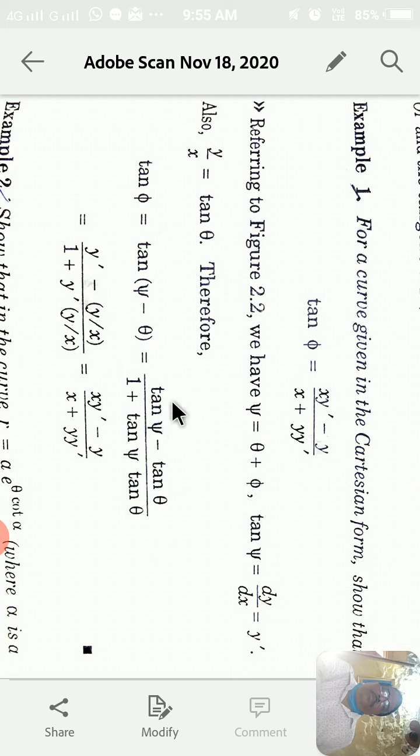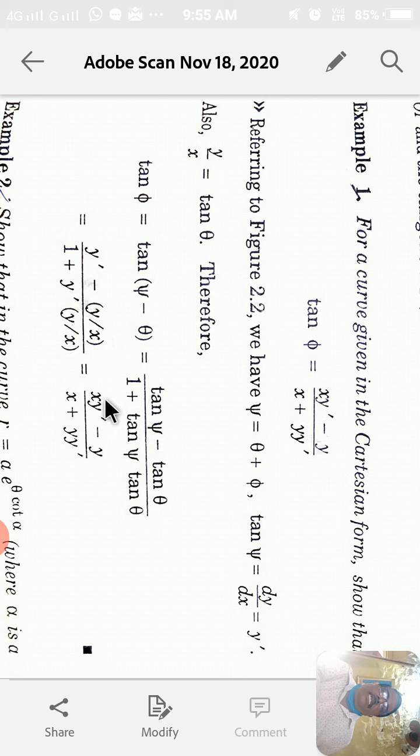So it is tan psi minus tan theta divided by 1 plus tan psi into tan theta. Tan psi we have determined is y dash, and tan theta is y by x. Substitute these values and simplify.